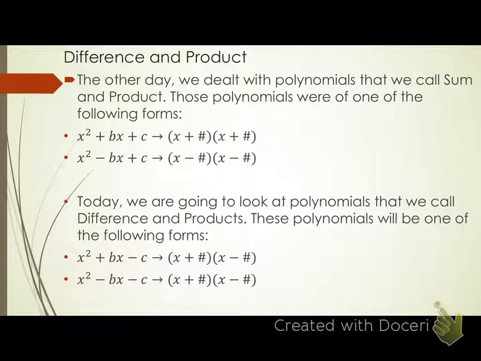And if you notice, they both take on the same form when they're factored. Okay? So what that means for us is, if we see a minus sign right here instead of a plus sign, I'm just going to have opposite signs in my parentheses. One's a plus, one's a minus. Does that make sense? Tuesday, we had a plus sign. They were the same. Today we're going to have a minus sign. They're going to be different. Okay?